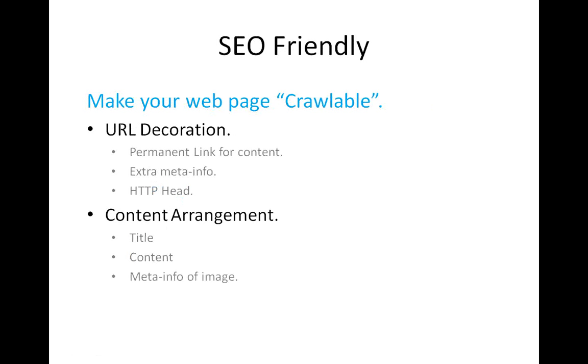The other reason for native HTML is that it is SEO friendly. For the Google Crawler, I mean the Google robot, or Bing's robot, or any other search engine's robot, it's almost impossible to crawl a fully Ajax web application.